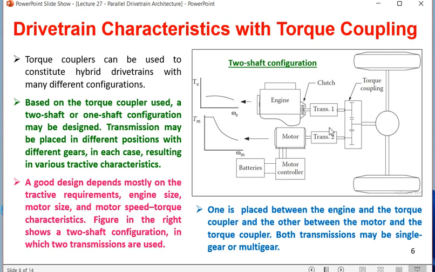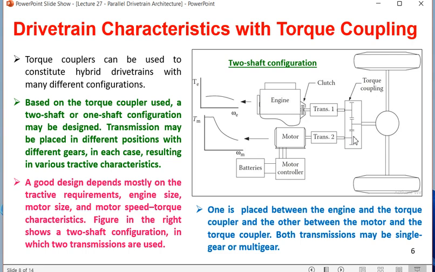Engine size is very important, motor size is also very important, and we have found that in a parallel hybrid drivetrain, the motor size is comparatively smaller compared to the series hybrid drivetrain. And then the motor speed torque characteristic. The motor is driven by the battery, but there is a motor controller as well. So battery, motor controller, motor, this is the second link or second powertrain, and through transmission 2 it is coupled with the torque coupler.